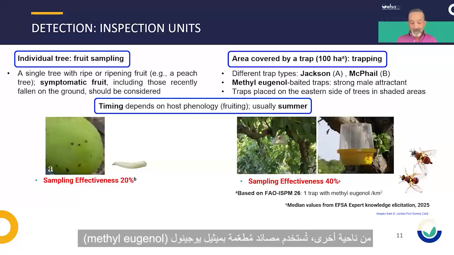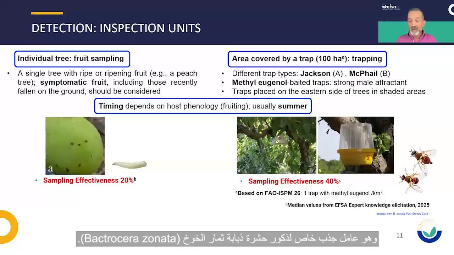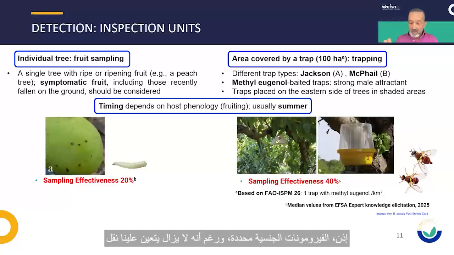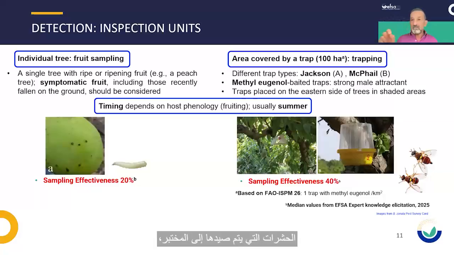On the other hand, traps baited with methyl eugenol, which is a specific attractant for males of Bactrocera, so it's a sex pheromone, are specific, and although we still have to transfer the captured insects to the lab, it would be simpler and faster than processing the fruit that we collect from a tree.